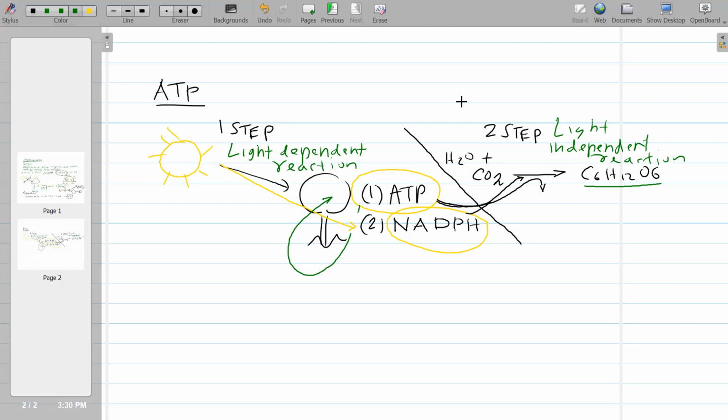I hope you understood the question. In photosynthesis, the first stage is production of ATP and NADPH. These two molecules are energy-rich molecules. And in the second stage, the energy of these molecules is used again to make glucose.